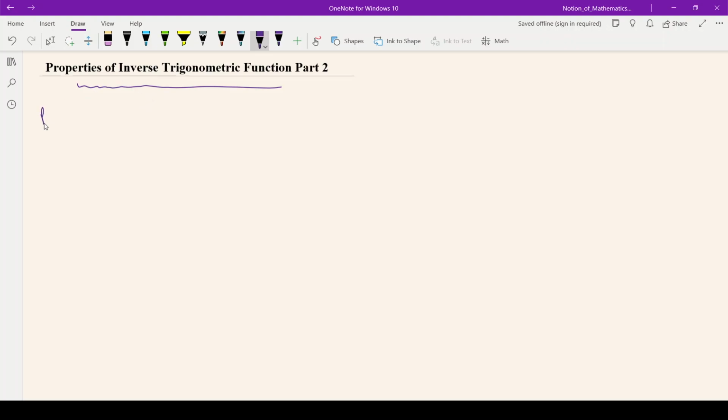So suppose the first property has three parts. A: cos inverse of minus x is pi minus cos inverse x, where x is taken from the domain -1 to 1.